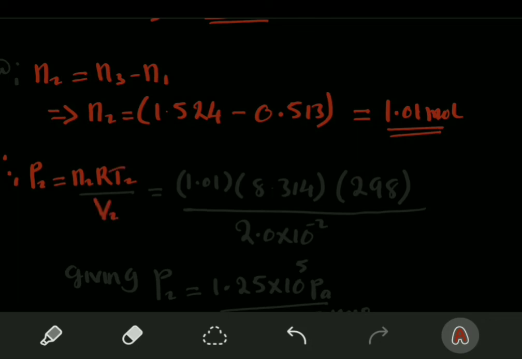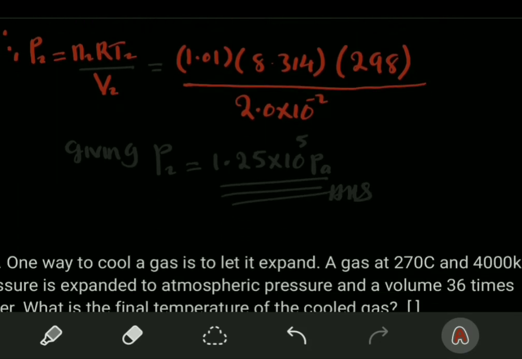Simply substituting those values, multiplying, and dividing by the volume in the second container, we get the value of P2 as 1.25 times 10 to the power 5 pascals. So the key here was simply finding the value of N2, the number of moles of the gas in the second container, and after doing that you'll be able to find the pressure in that second container.